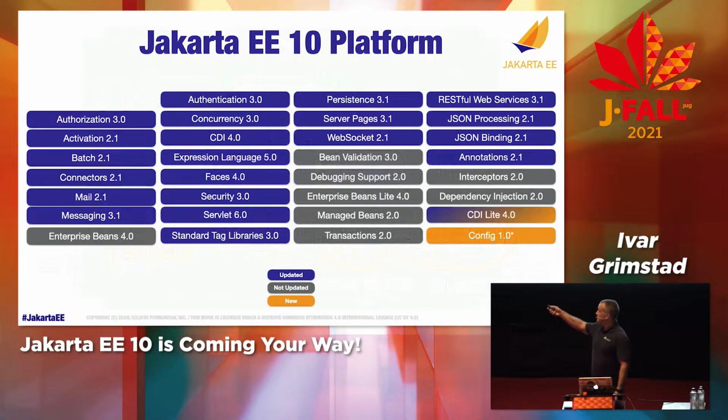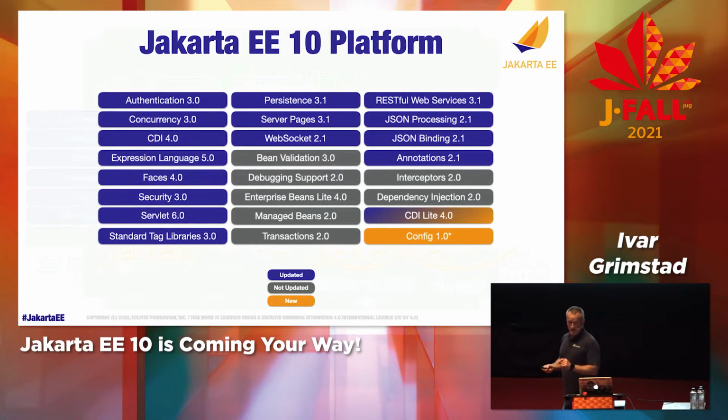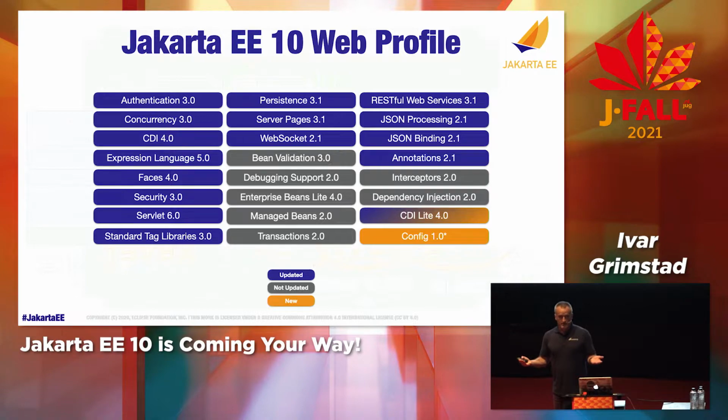So if we take the ones up on the side here, the more enterprisey specifications, and remove them from the picture, what we're left with then is the Jakarta EE 10 Web Profile. And as you see there, this is where most of the changes are. All the blue boxes, that's the same as in the full profile.